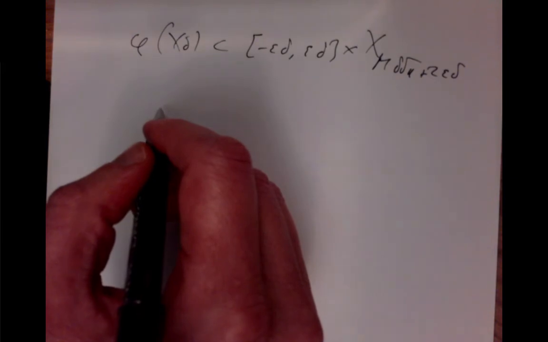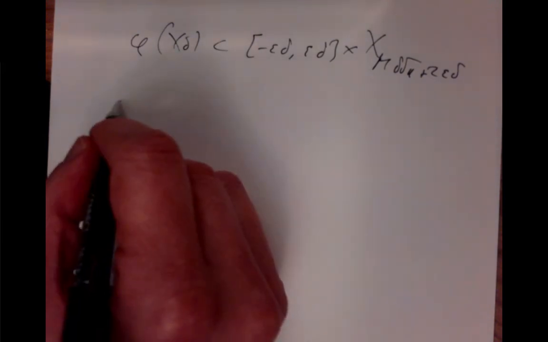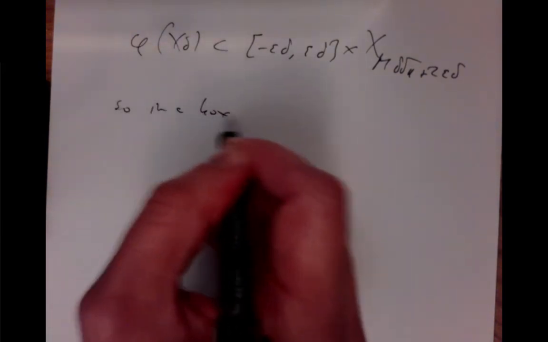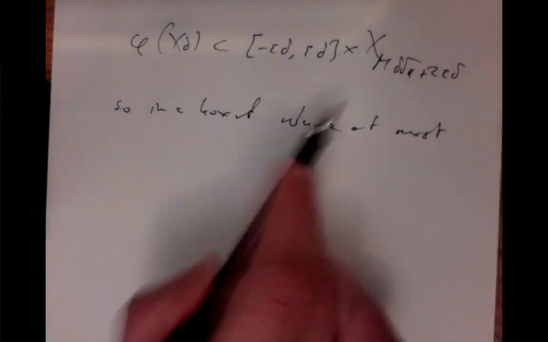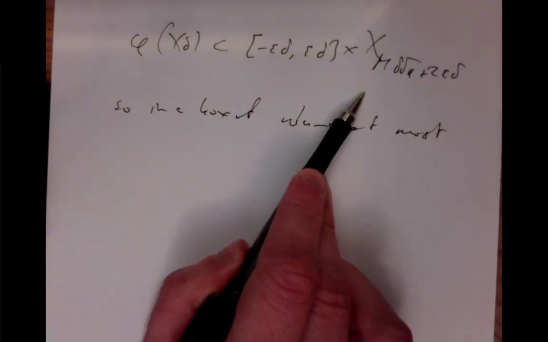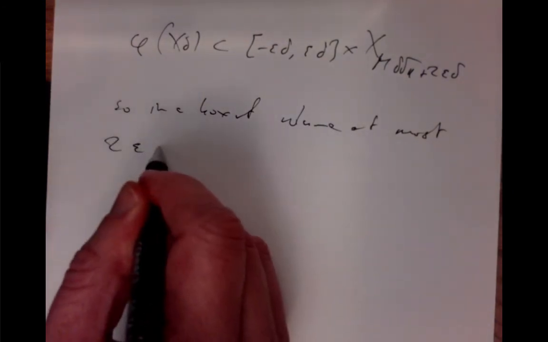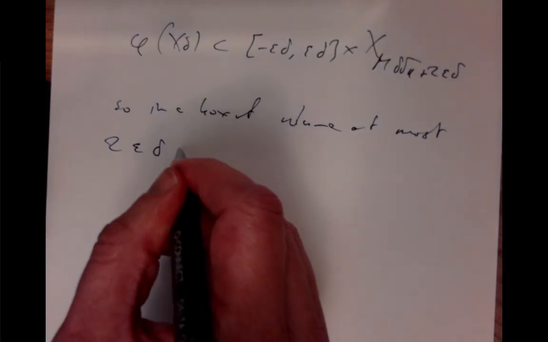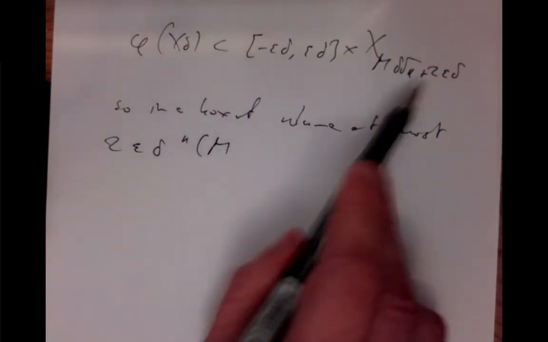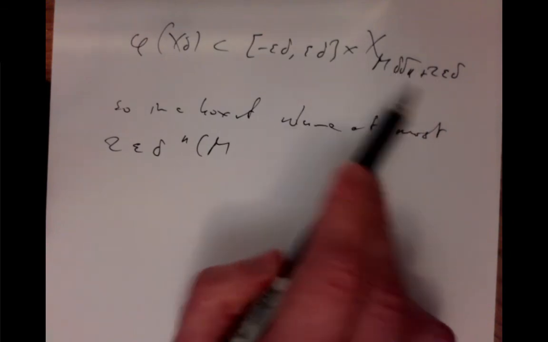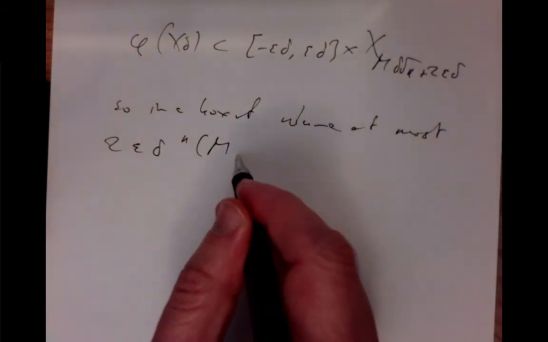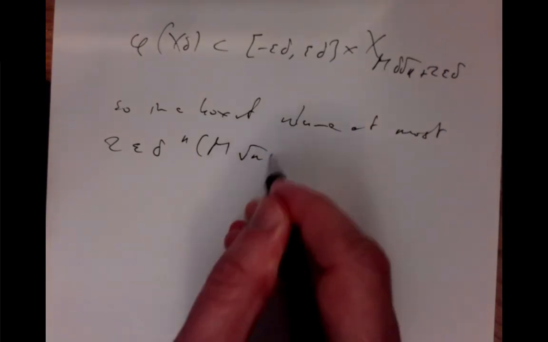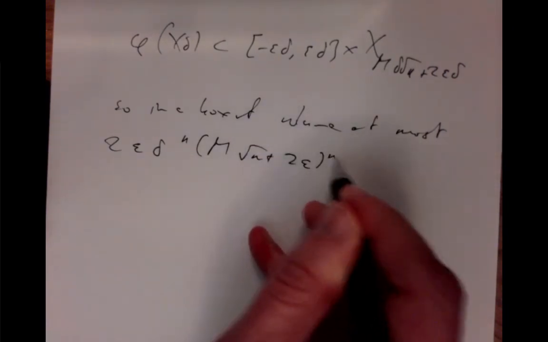Therefore this lies in a box of volume at most 2 epsilon delta to the n, multiplied this many times by the length of that, and the volume of a box is not hard, right? Product of the side lengths, and it'll turn out to give you this to the n minus 1.